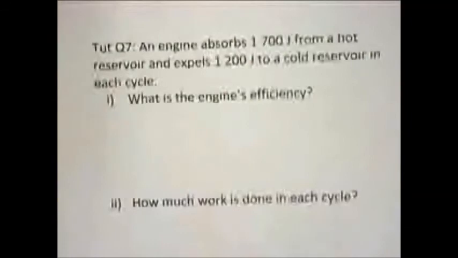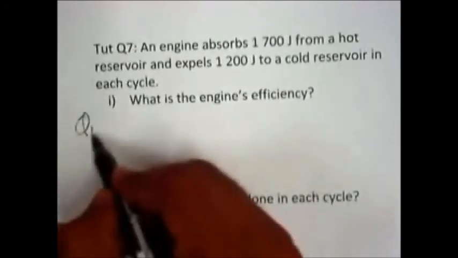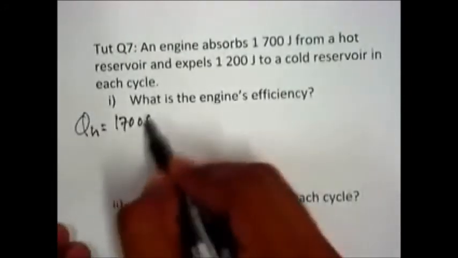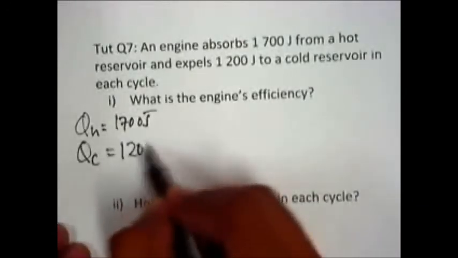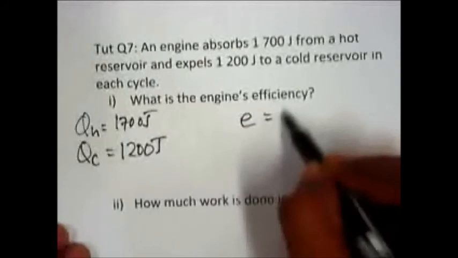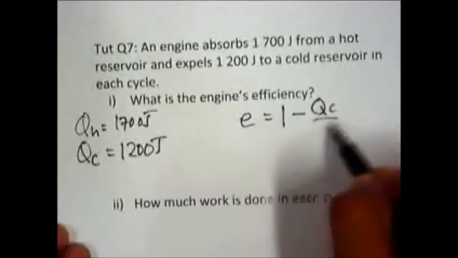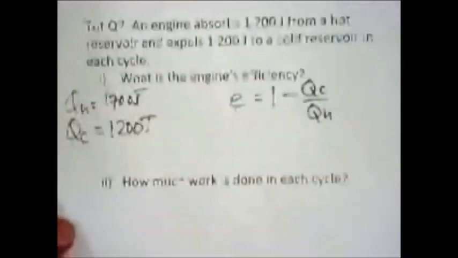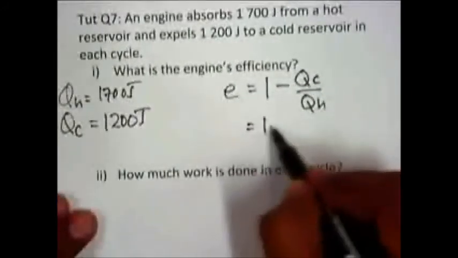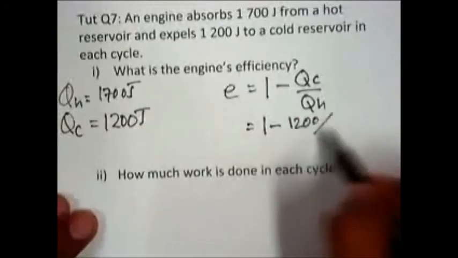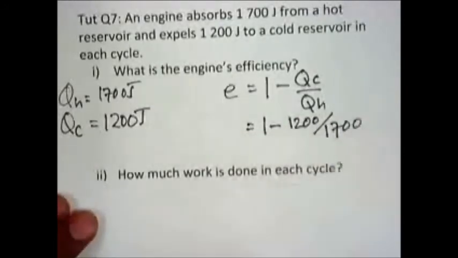Okay, so something similar to this question, again from tutorial 7, it says an engine absorbs 1700 joules from a hot reservoir and expels 1200 joules to a cold reservoir in each cycle. What is the engine's efficiency? So you know QH is equal to 1700 joules, QC is equal to 1200 joules. You know efficiency is equal to 1 minus QC over QH. Okay, so you get 1 minus 1200 divided by 1700.